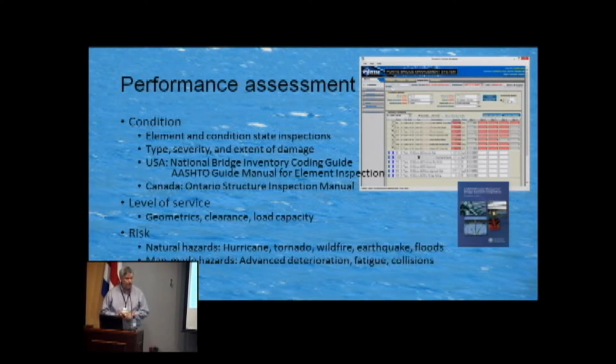Florida in particular has a pretty sophisticated risk analysis program that looks at all of these different types of risks to assign a value to the risk in terms of dollars, which they can then use in setting priorities for mitigating the risks or replacing the bridge if the risks are too high and can't be mitigated any other way.